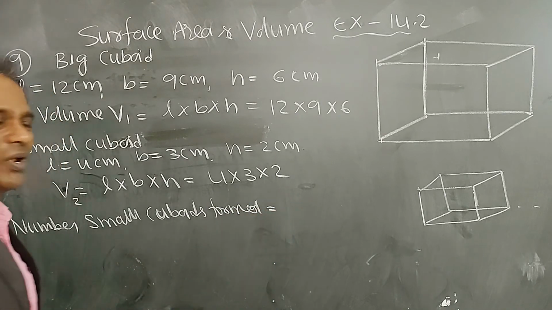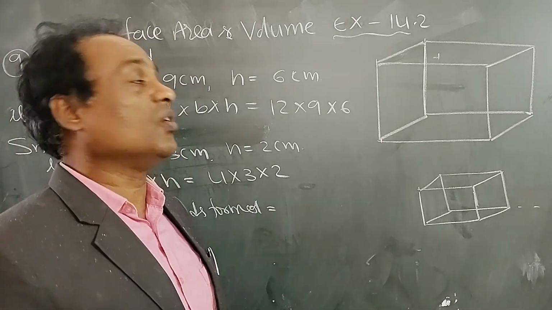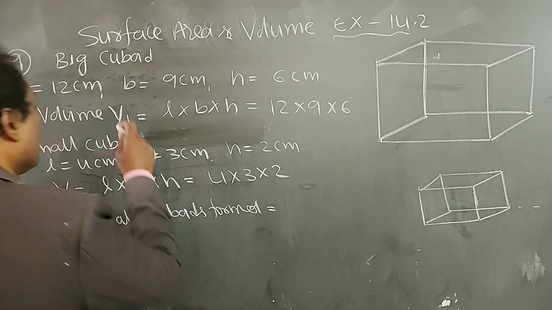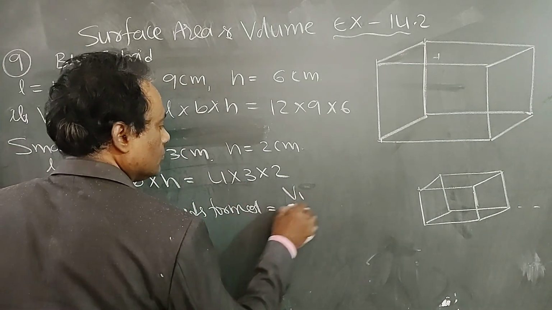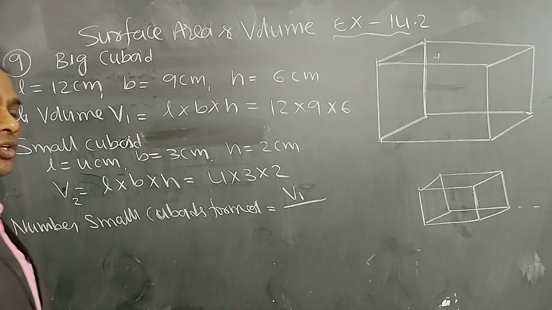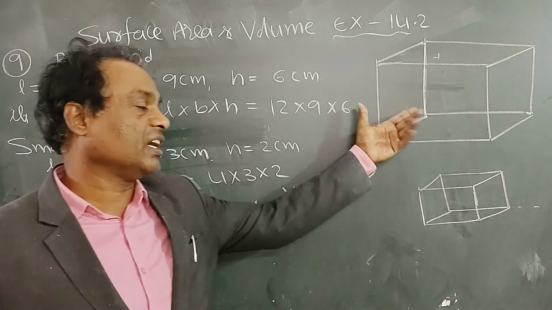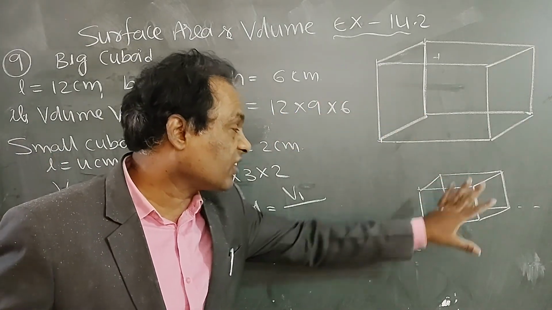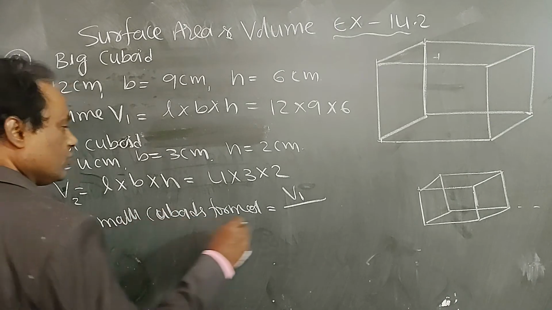Same as the previous problem. How much material do we have? This much material we have, that is V1, the total big one. Each box requires how much material? This much, V2.